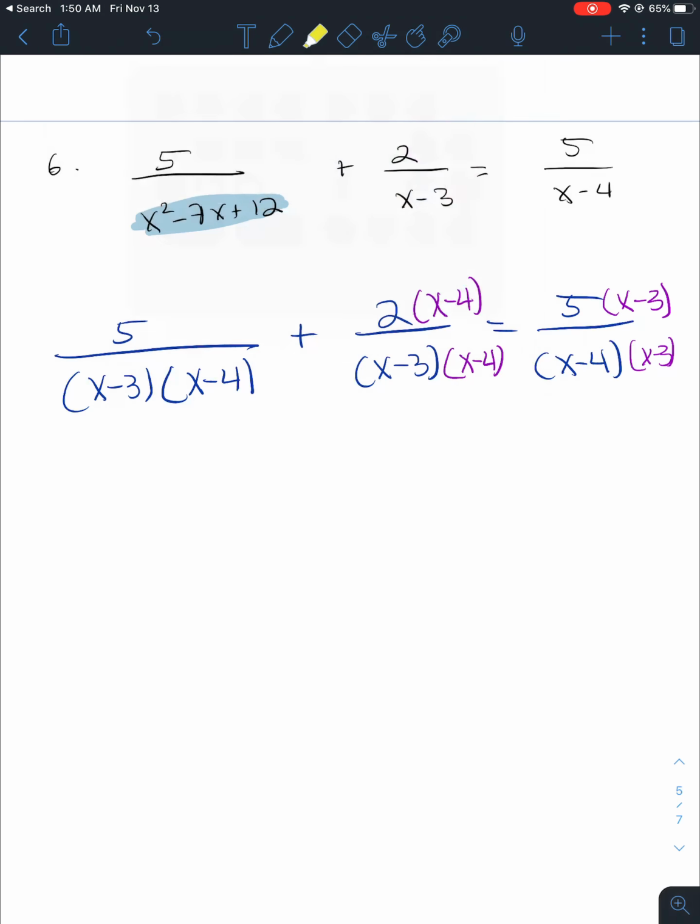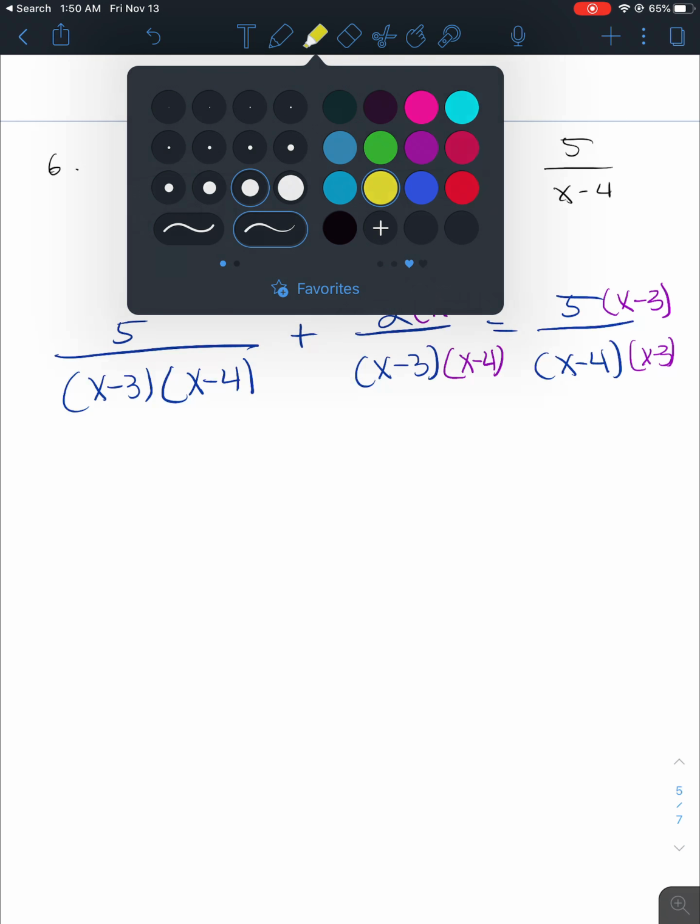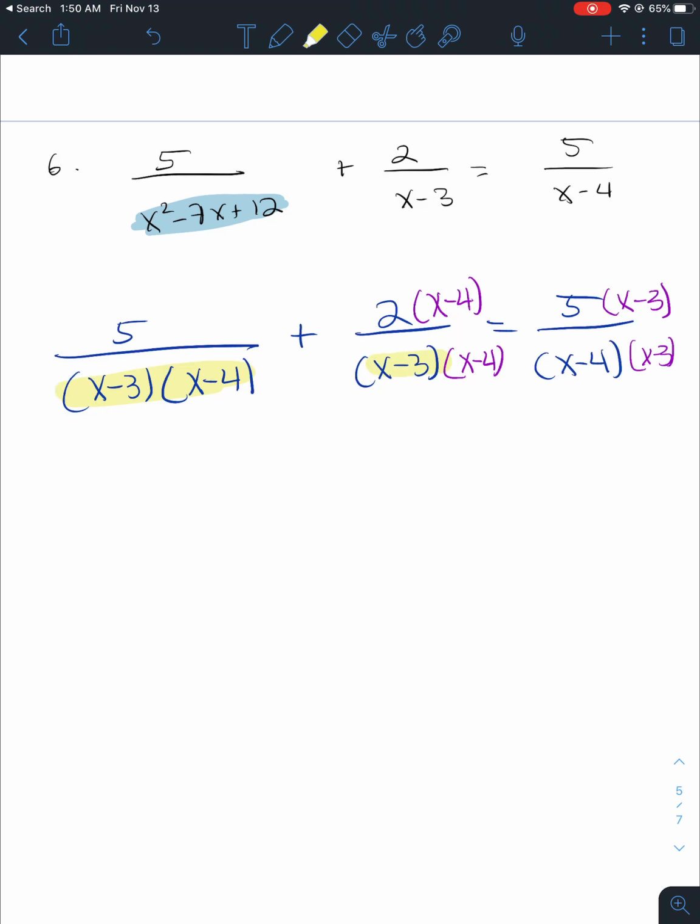So now I'm going to get my yellow and just be a little dramatic and show, oh, look at that. All 3 of my fractions have the same denominator, so I'm able to take all the denominators out, because if I did multiply by x minus 3, x minus 4 for each term, I would be able to eliminate my denominator. So I'm left with 5 plus 2 parentheses x minus 4 equals 5 parentheses x minus 3.